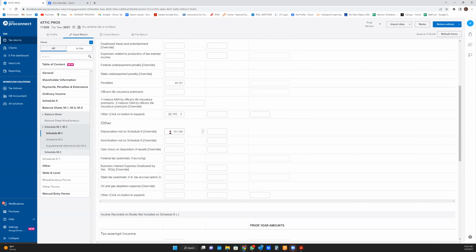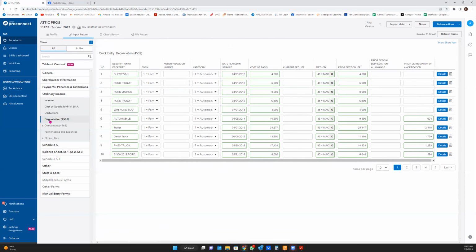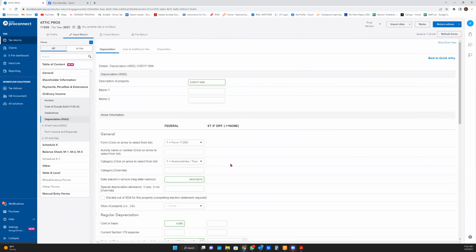Depreciation not on K. So this is where this person has adjusted it manually. I would try to not do that because within the software, we do have our depreciation tab. And within the depreciation tab, if you click on a detail, there is book depreciation, okay?